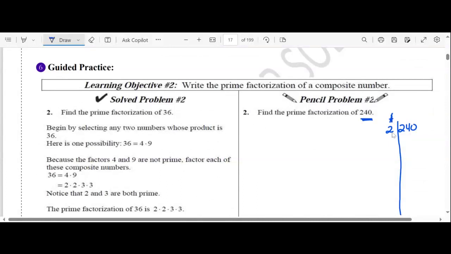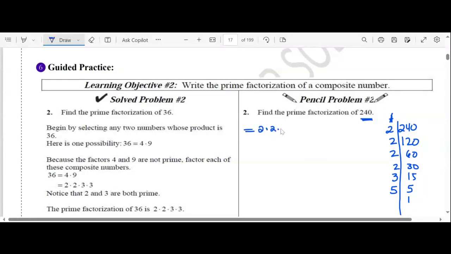Okay? So let's divide by 2. 240 divided by 2 is how much? 120. Divide by 2. 60. Divide by 2. 30. Divide by 2. 15. Divide by, no, 2 cannot work. What about 3? 5. Can I divide by 5? 1. So what's your prime factorization here?